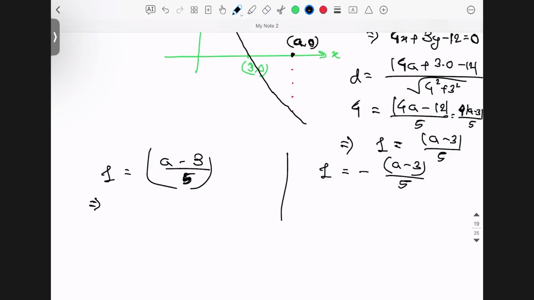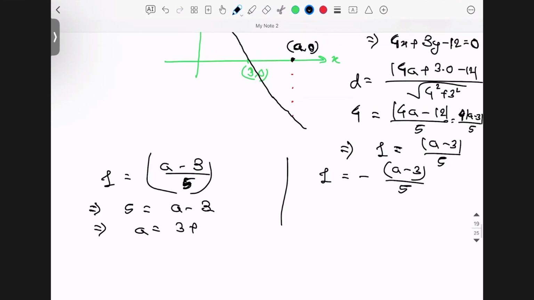So from here we obtain 5 equals a minus 3, which implies a equals 3 plus 5, which equals 8. And from the other case, what will we get? We get a minus 3 plus 5 equal to 0, which ultimately gives us a equals minus 2.